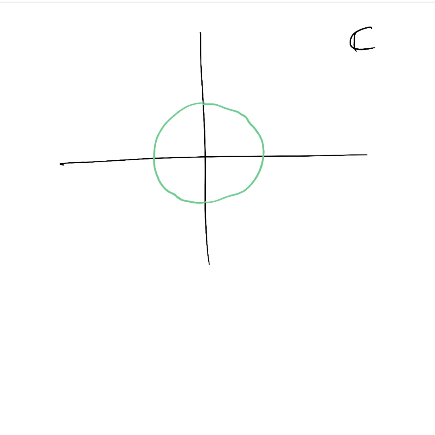And here is some number, Z. So that Z is definitely not on the unit circle. Maybe it's 3 units from the origin. But it has a cousin that is on the unit circle, and that cousin is Z divided by its own magnitude.